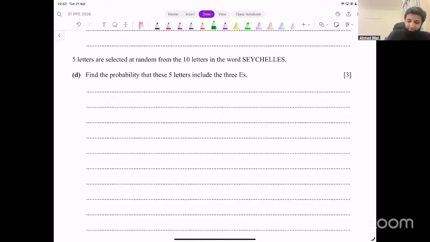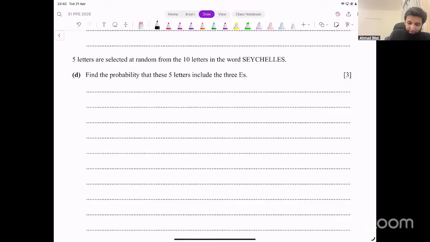Okay, now what about this? 5 letters include the 3 E's. We have to make cases for the repeated letters.